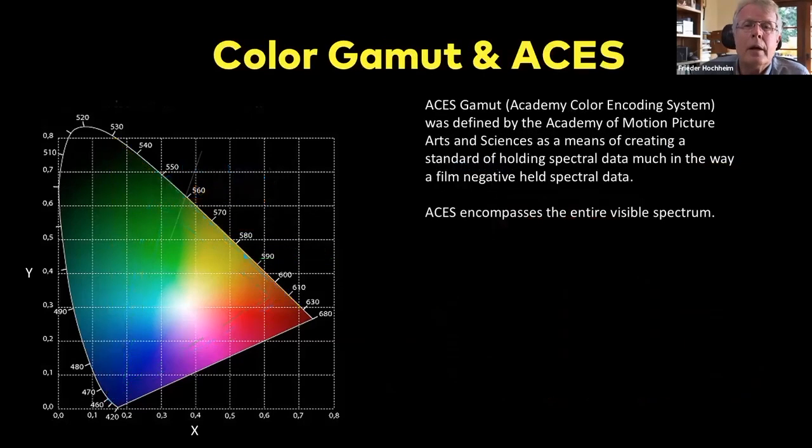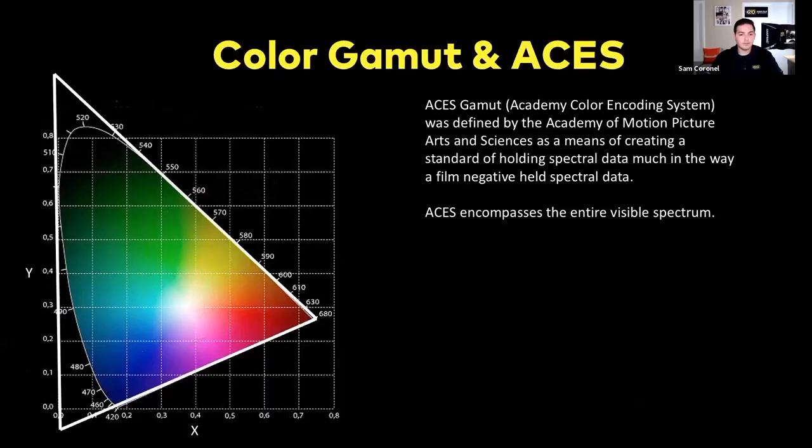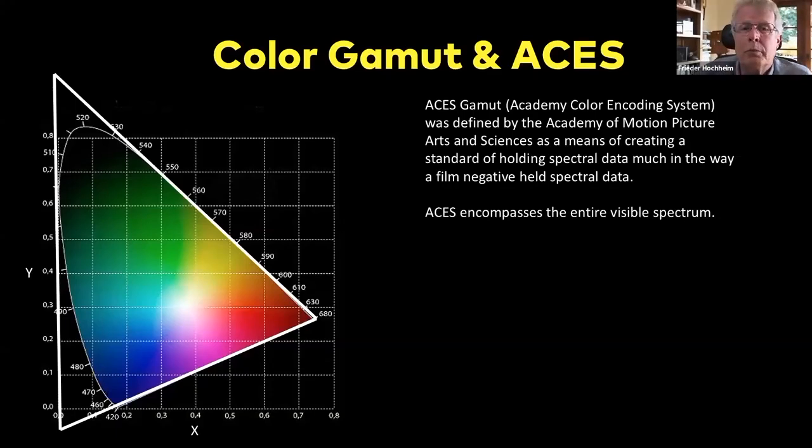ACES gamut. What the hell is it? There's a lot of talk about ACES, and it can be very easily explained. And this is an ongoing gamut that is evolving. It's not set in stone, and a lot of new data is being defined in this gamut. It was created by the Academy of Motion Picture Arts and Sciences, and it's called the Academy Color Encoding System.